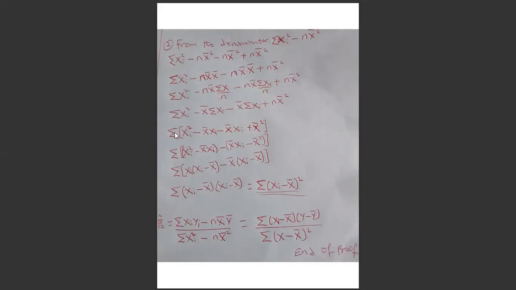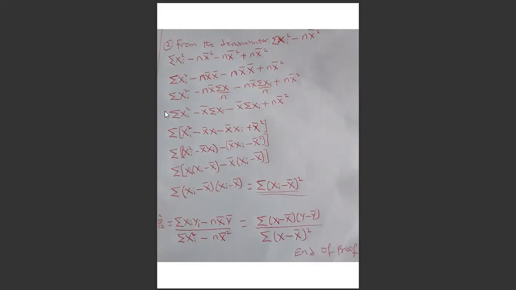So we take out the summation, we factor it out: summation outside the bracket, then we open the bracket. This x squared is what we have here. We have minus x bar x, since summation is already outside. And we have plus x bar squared, since this n is equivalent to summation and that summation is also already outside.